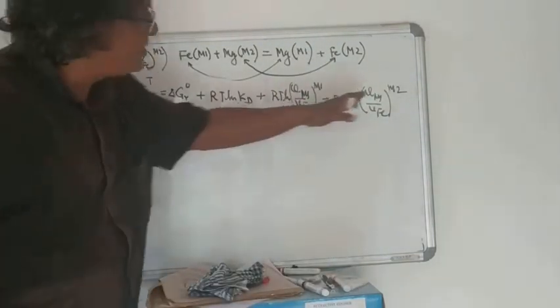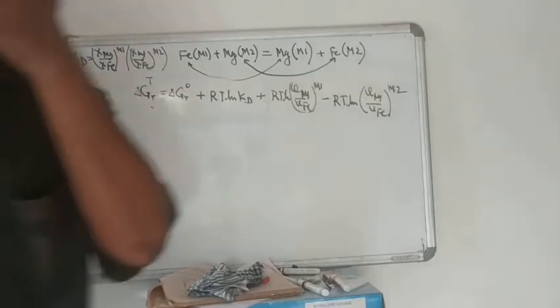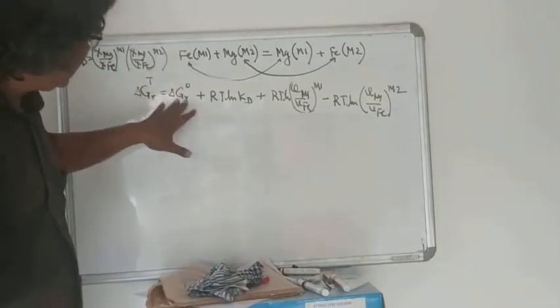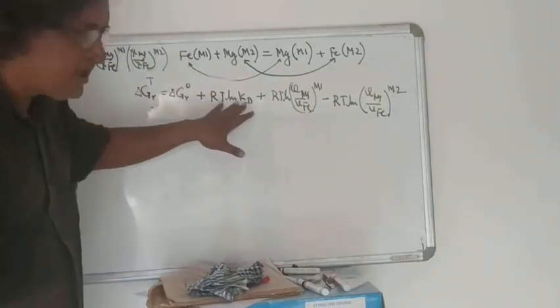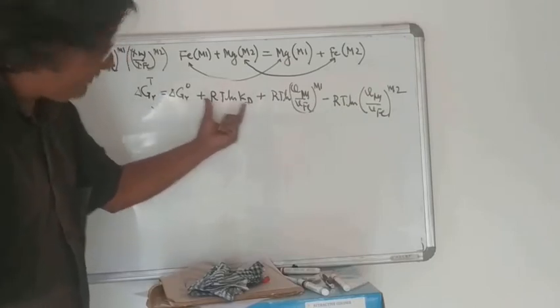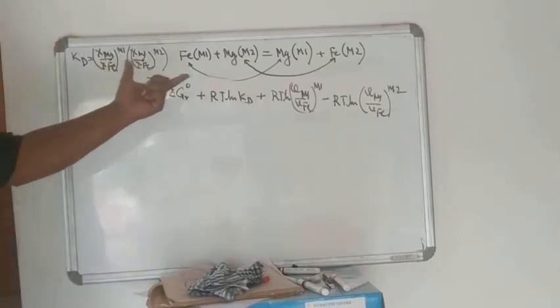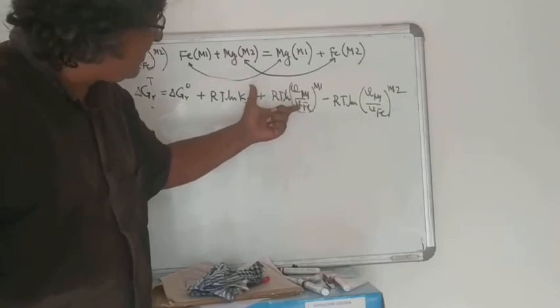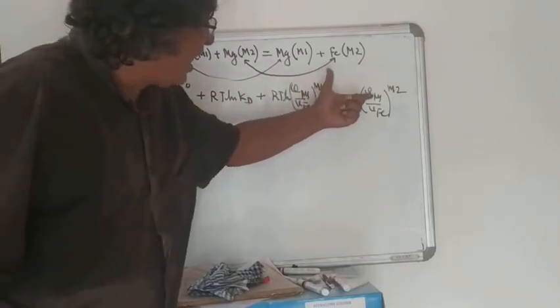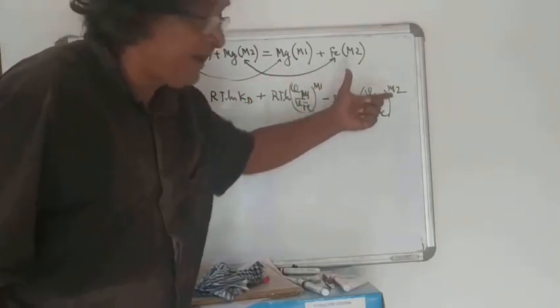This is the equation of state. Delta G0R plus RT ln KD, which is the distribution coefficient as given here, plus RT ln gamma Mg by Fe M1 minus RT ln gamma Mg by gamma Fe M2.